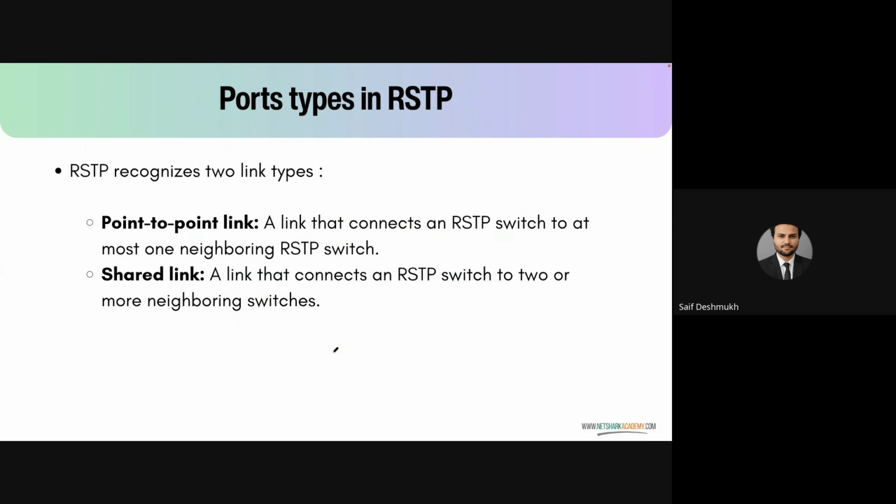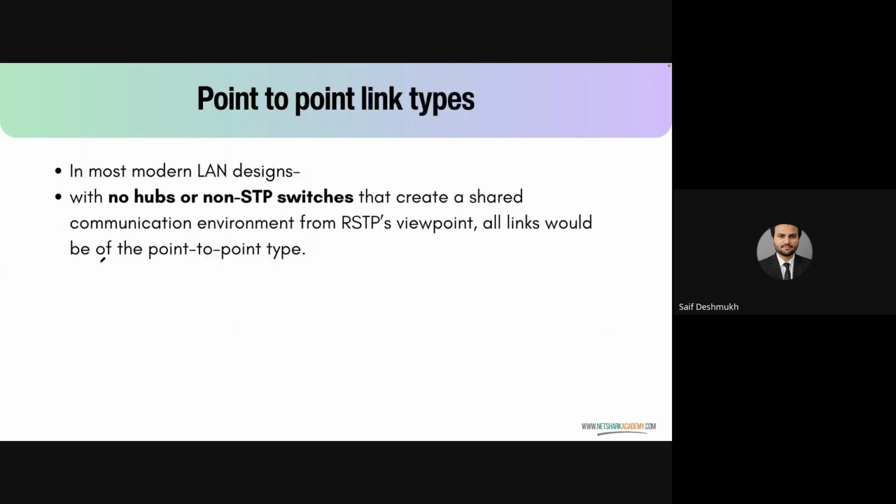In here, you have two types of port you are going to see, the same: point-to-point and shared link. Point-to-point basically says that on this link I have a switch or a PC connected, and it's working in full duplex mode. Shared link indicates that I have maybe a hub connected in there. But in most modern LAN designs that you're going to see, you will have P2P links only.